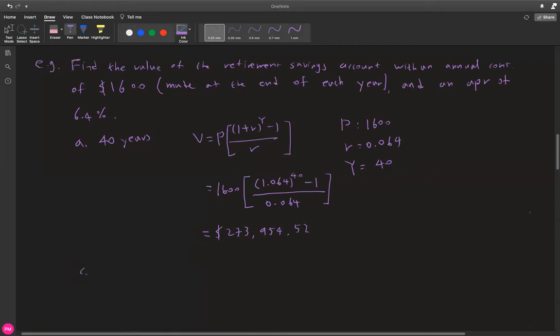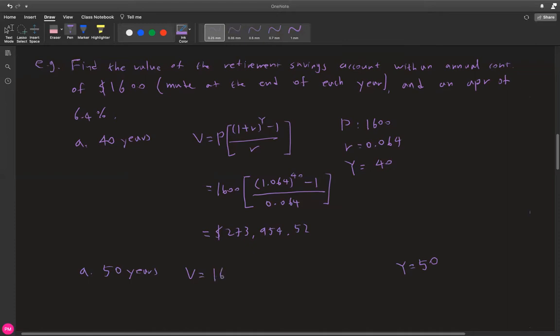The next scenario, let's say, what about if you leave it in there for 10 more years instead of taking it out after 40 years? How much would this grow? So if you decide to let the account mature a little more and wait 10 additional years after 40 years, with everything staying the same, the only thing that's going to make a difference is the number of years.